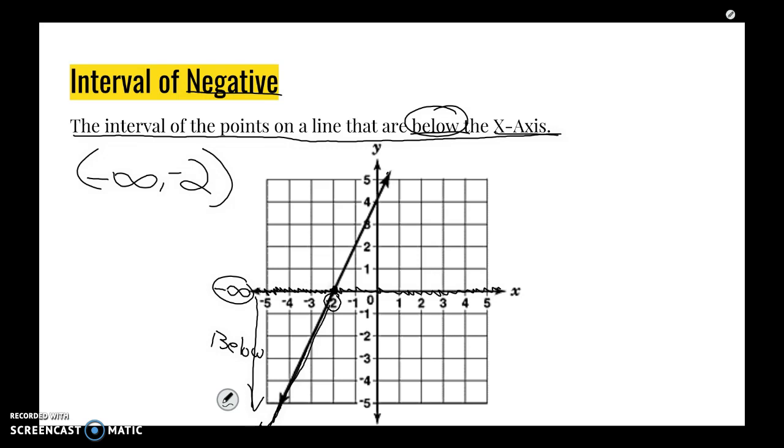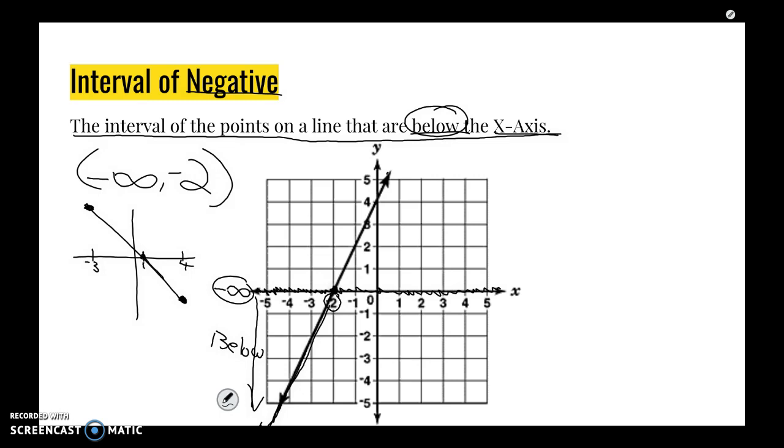A second example of that, let's take another example. Let's actually look at one that decreases this time. In this one, we've got negative 3, let's go to positive 4, and then let's say it crosses right here at positive 1. So if we wanted to find the interval of negative, we're looking for everything from where it crosses the x-axis and then goes down.